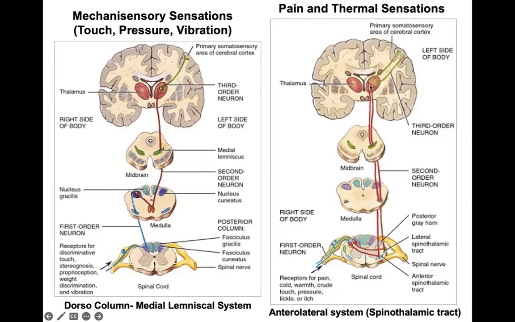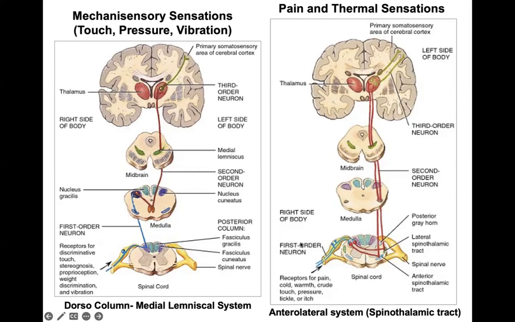And from the thalamus, another set, the third and final set of neurons, goes from the thalamus and arrives at the somatosensory cortex. Okay. So there is nothing to memorize in detail in these slides, no names.